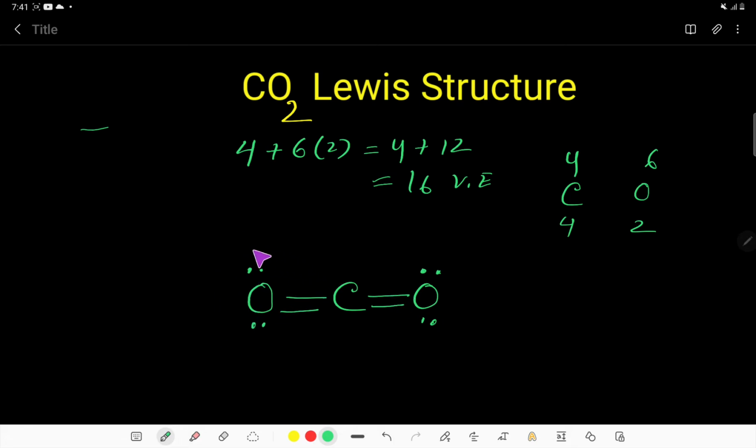So oxygen has satisfied its octet and carbon also has 2, 4, 6, 8, that is 8 valence electrons, and in this Lewis structure we are getting 16 valence electrons totally. If you count, you will get 16 valence electrons, 2, 4, 6, 8, 10, 12, 14, 16, right? Look, this is the Lewis structure of the CO2 molecule, right?